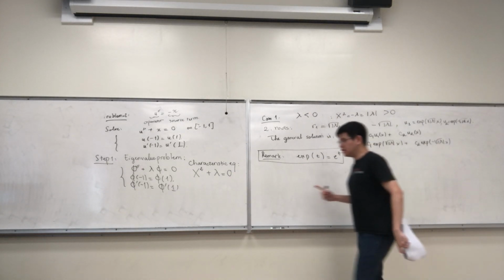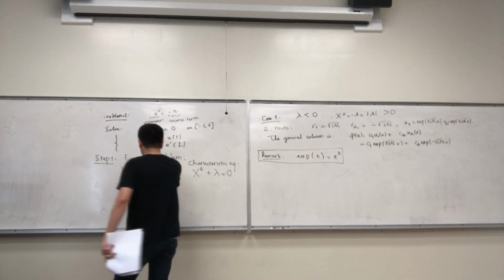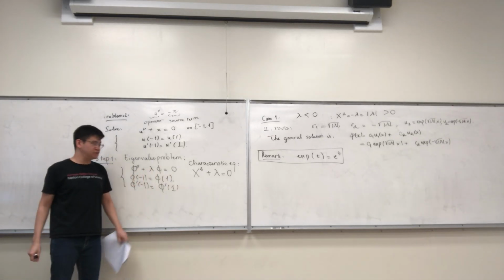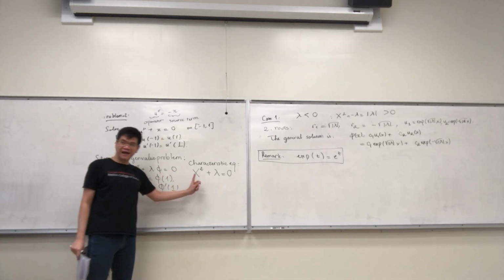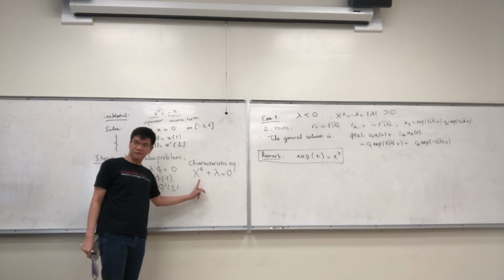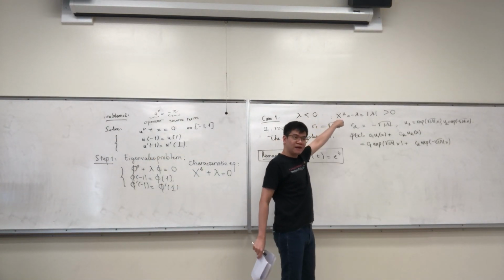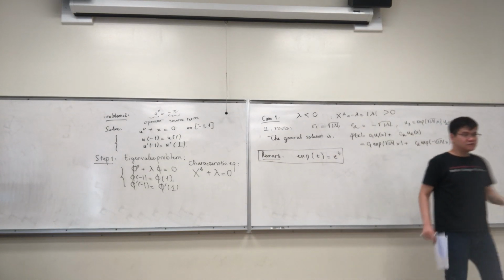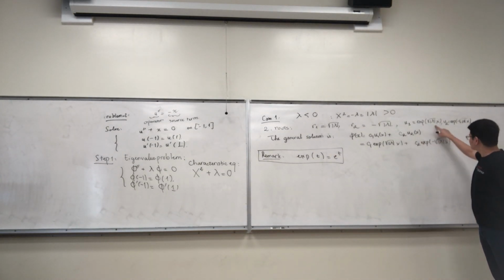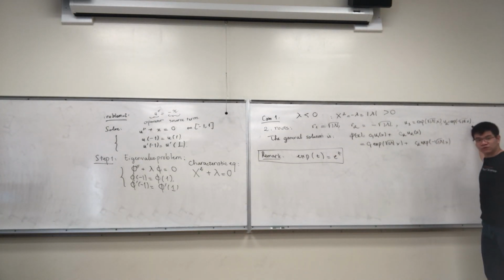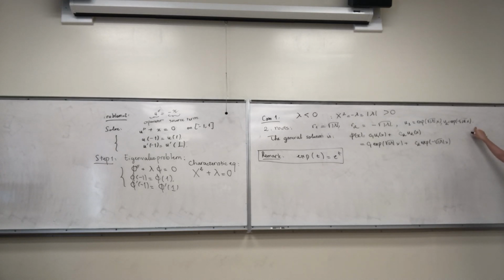In this case, you have an eigenvalue problem, which is phi second plus lambda phi is 0. Then you have a characteristic equation, which is x squared plus lambda is 0. This gives you two roots, square root of lambda and minus square root of lambda. All right? Then you have exponential of square root of lambda x and exponential of minus square root of lambda x.